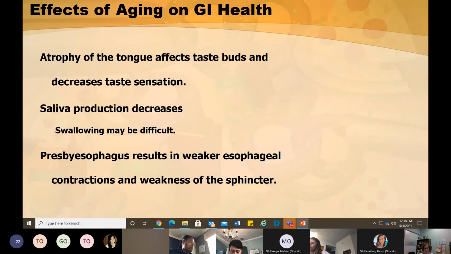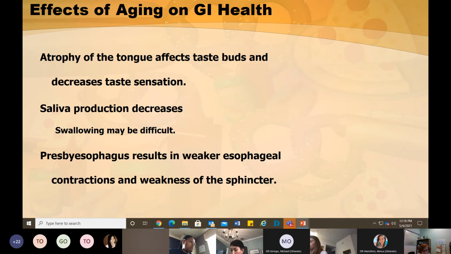So what are the effects of aging on GI health? Well, a couple things. Dental problems, as we heard this morning, and altered or diminished taste, which we just talked about. What is the term we use for dry mouth? Xerostomia. Yeah. That's for dry mouth. Important term to remember. We know from our discussion today that there is decreased motility in the older population.